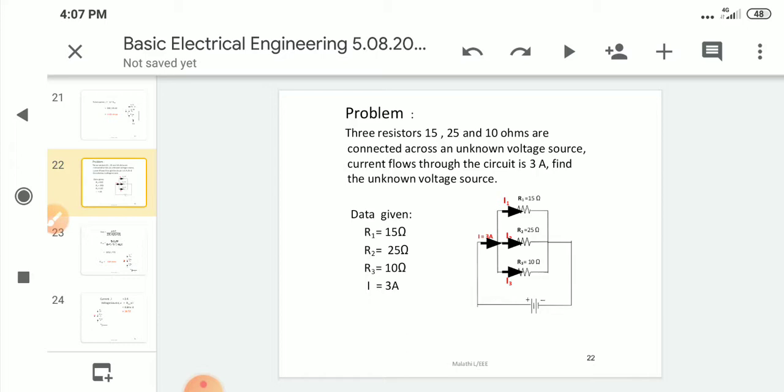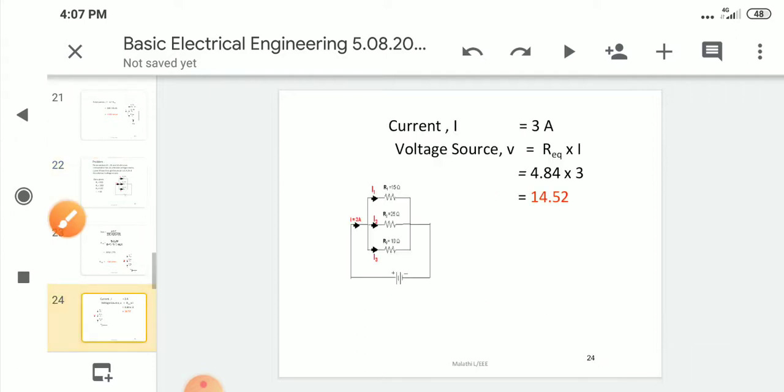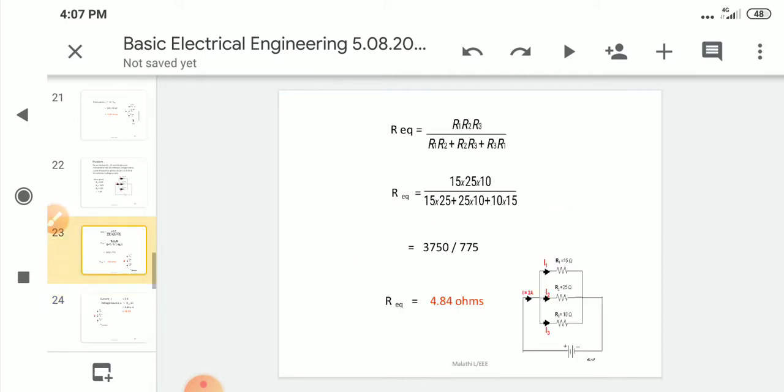They have given the R1, R2, R3 values and the I value. The question is to find the value of V. According to Ohm's law, V is equal to IR. Here for R, we have to take the equivalent resistance. The formula of equivalent resistance when connected in parallel is R1 R2 R3 by R1 R2 plus R2 R3 plus R3 R1.